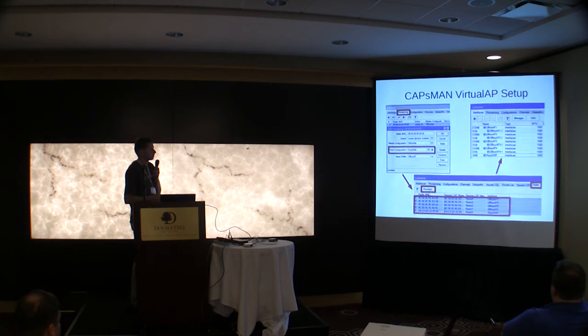After we make this configuration, we need to specify it in our previously made provisioning rule. We open our provisioning menu in the CAPsMAN, open our entry and add the new slave configuration. And here we specify our previously made Guest network configuration.